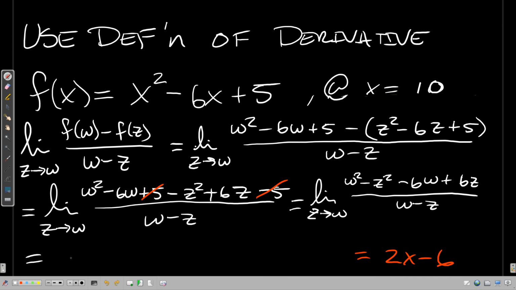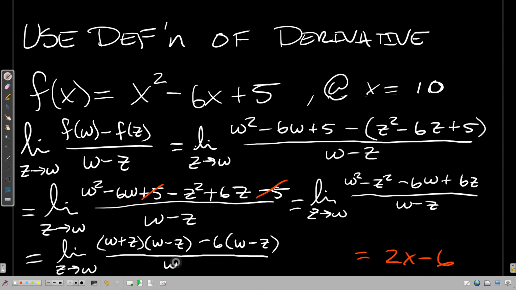So I'm going to be able to pull out that w minus z. We'll have the limit as z goes to w, and I'll factor that difference of two squares, so it's w plus z and w minus z. And then I'll factor out a minus 6 and be left with w minus z. And then down here in the bottom, I have a w minus z.